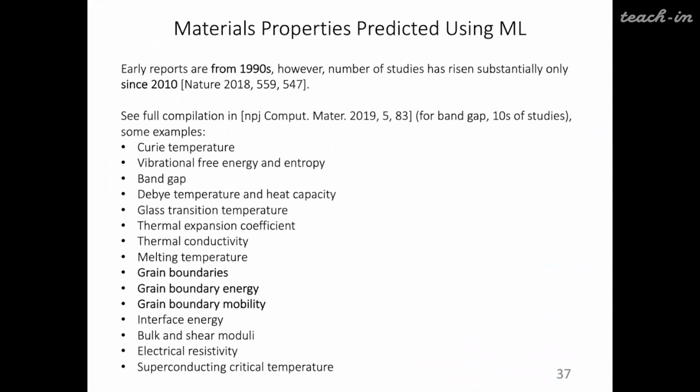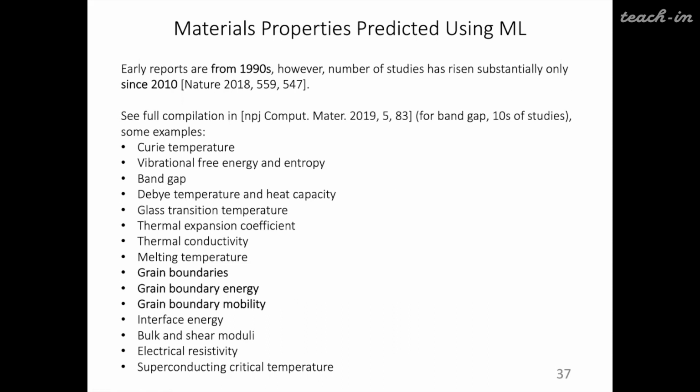So there are many properties of materials that were predicted using machine learning. And while early reports are from 1990s, in the recent years, the number of studies has risen very substantially. And even properties related to defects can be predicted by using machine learning.